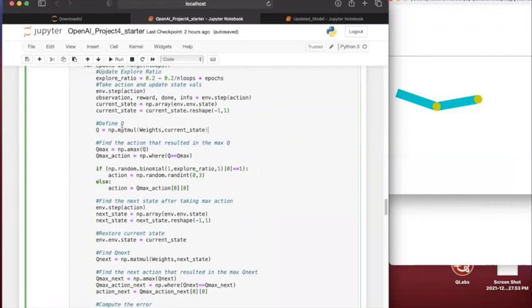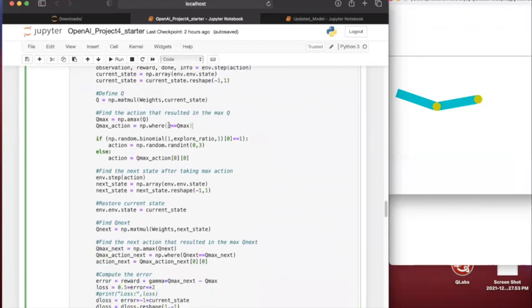I've got my matrix multiplication here that gives me my 3 values for Q, my weights hit with the state that I'm at. And I ask myself, after doing this, what is the maximum value that I see, and where does it occur? I'm going to take that action where that maximum occurred, except if this if statement is triggered, instead I'll act randomly based on the explore ratio.